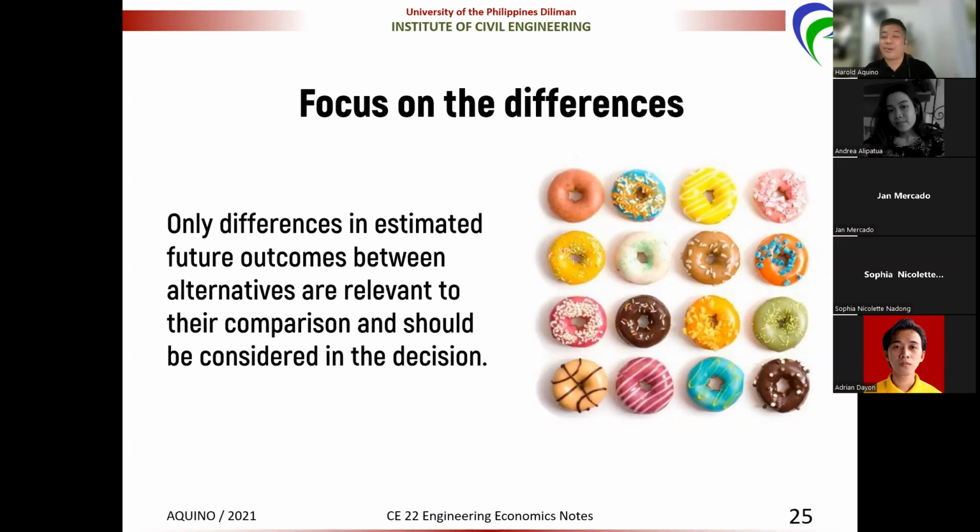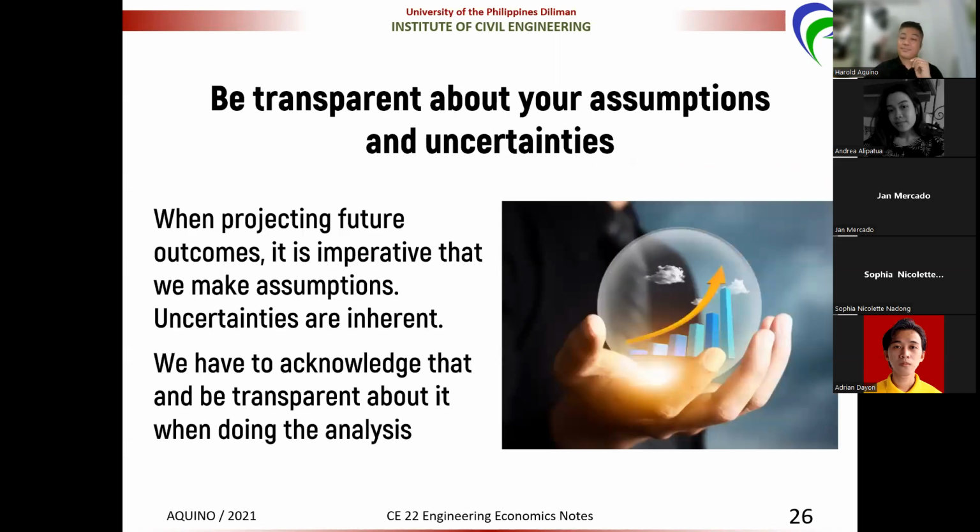No? So kaya important na when comparing alternatives, we identify kung saan sila magkaiba. So only differences in estimated future outcomes between alternatives are relevant to the comparison and should be considered in the decision. And then finally, we should be transparent about our assumptions and uncertainties.